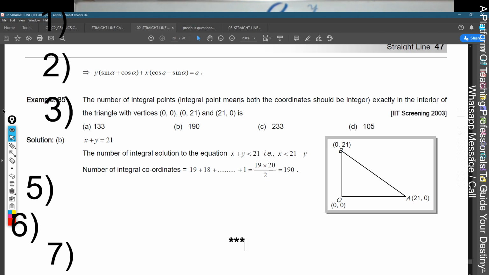The number of integral points exactly in the interior of the triangle with vertices 0, 0, 0, 21, 21 comma 0.